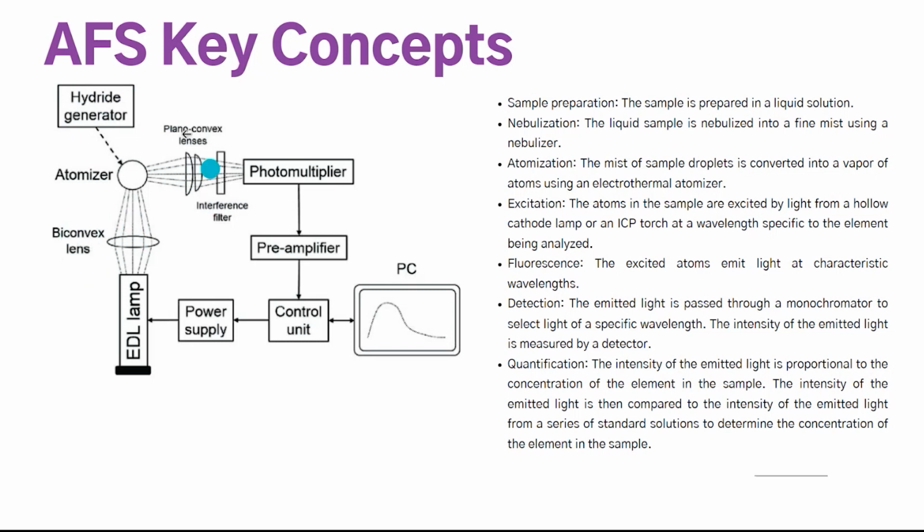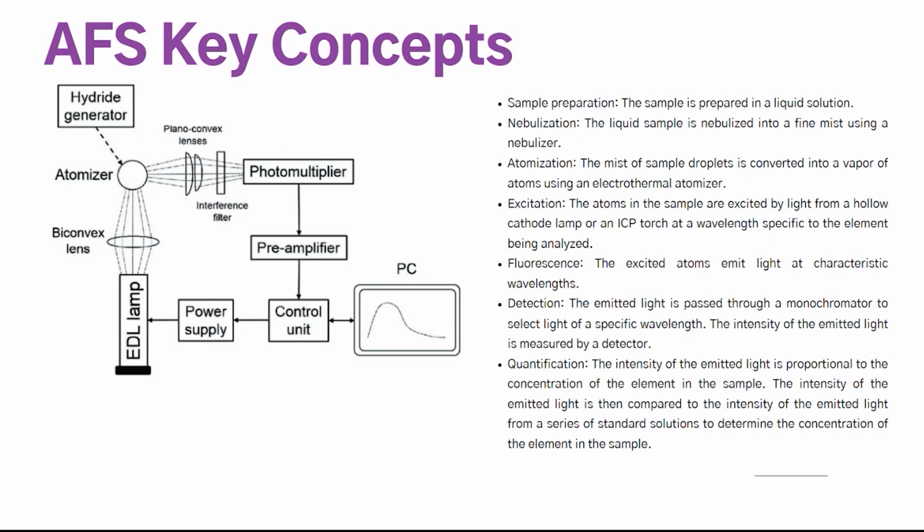So in this step is where the atoms are in an excited state, which occurs after the atomization, whereby the EDL, this is interchangeable with the HCL, excites the atoms at a specific wavelength specific to the element being analyzed.